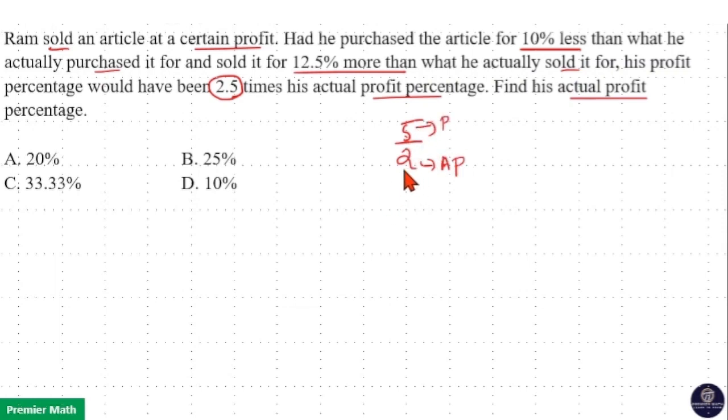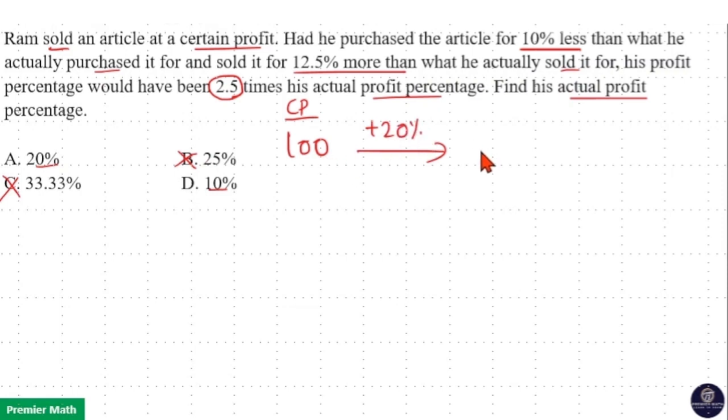Then the actual profit percentage must be a multiple of 2. Here 20 is a multiple of 2 and 10 is a multiple of 2. Option C and option B are eliminated. Now if you directly go for option verification, if I consider the cost price as 100 rupees, then profit is 20%, which means 100 plus 20 is 120.